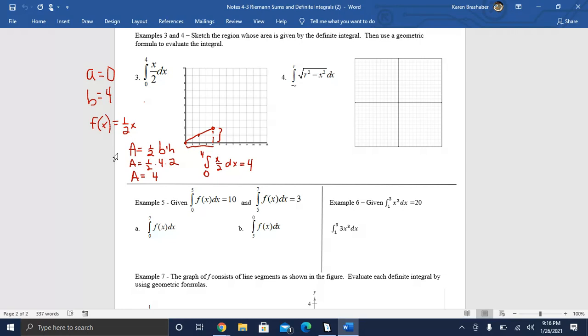Now, you can also do integrals that are a little less determined by actual numbers. So in this integral, we're asked to find from negative r to positive r the square root of r squared minus x squared.